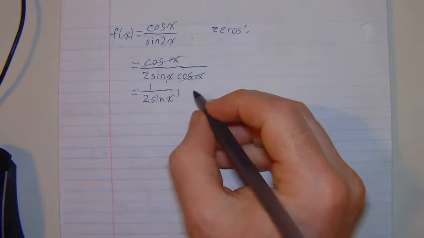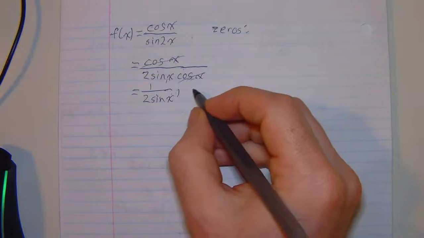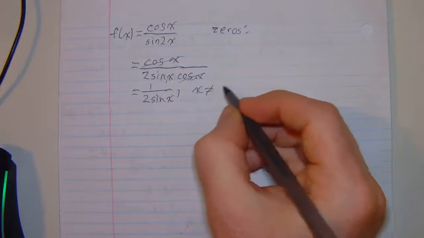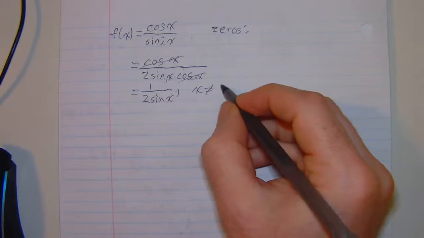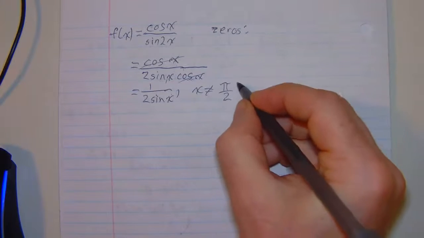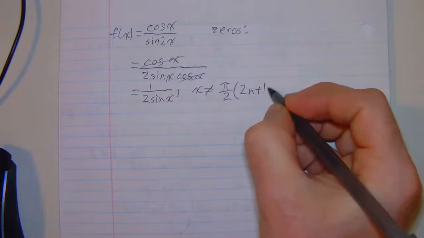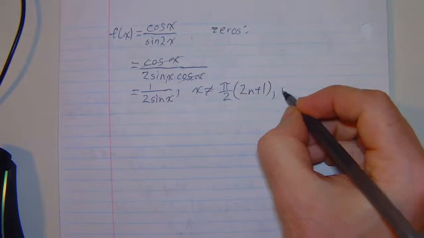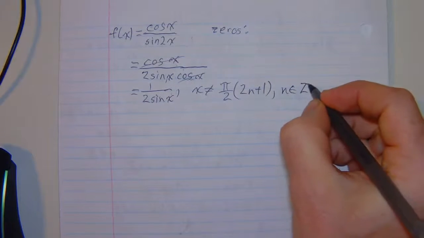So we really need to say x not equal to the places where cosine of x is 0, and we already found that that's pi by 2 times 2n plus 1 whenever n is an integer.